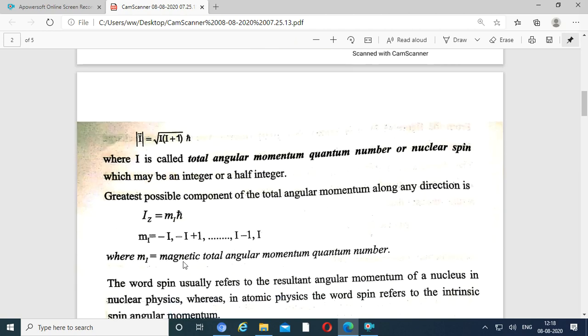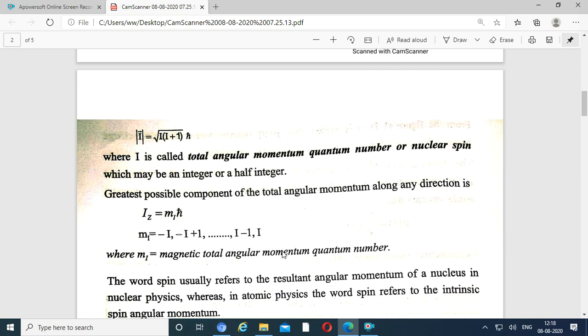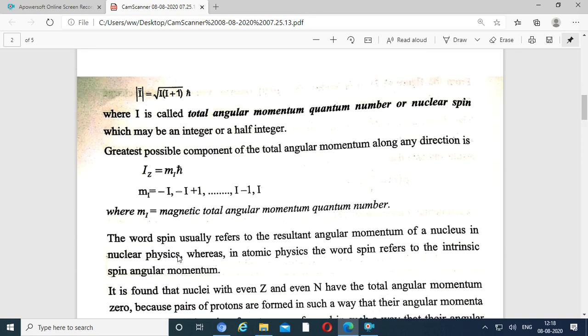The greatest possible component of the total angular momentum along any direction is I z equals m_I ħ, where m_I can take 2I+1 values, varying from minus I to plus I, and m_I is the magnetic total angular momentum quantum number.